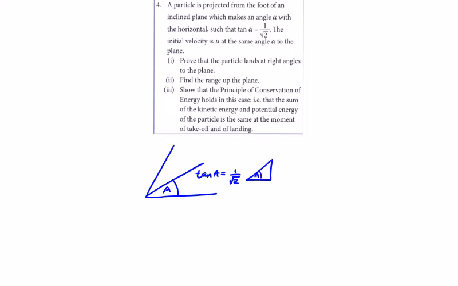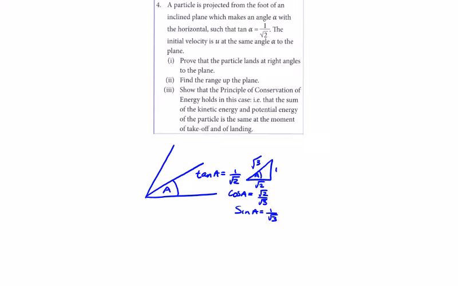Put it in and find out what cos and sine are. Opposite over adjacent, square root of 3, 1 squared plus root 2 squared. So cos A is equal to root 2 over root 3, and sine A is equal to 1 over root 3.